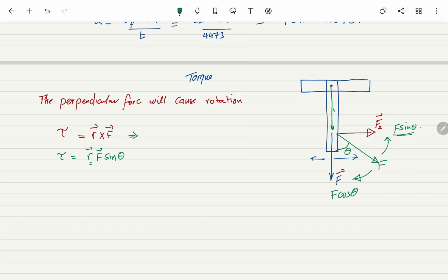So this is the arm, let's name it R, and this is the force F. And theta is the angle between the force and the vector R. In other words, the magnitude of the torque is equal to the magnitude of the vector R times the magnitude of the vector F times the sine of the angle between F and R.